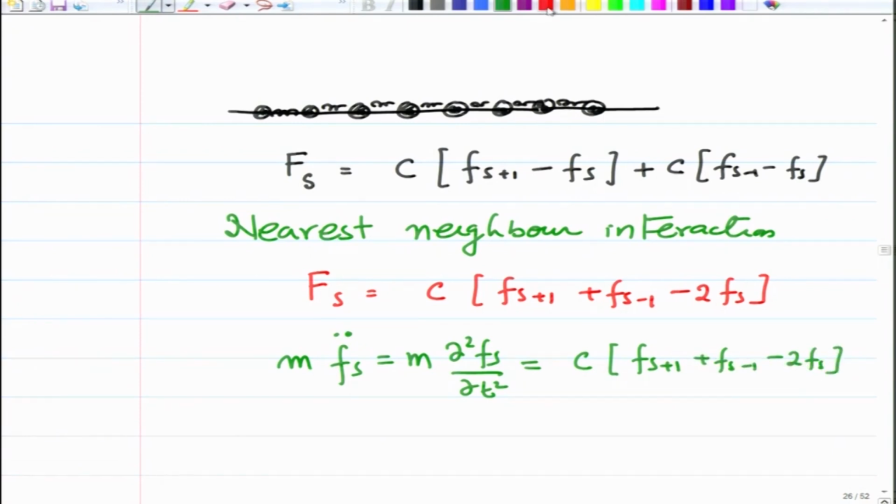And assuming a wave like solution, we obtained omega square is equal to 4C over m sin square (ka/2), where a is the distance between the atoms. I am showing it at the top.